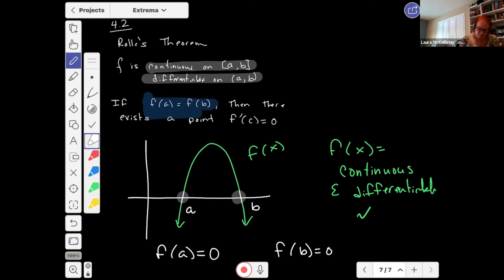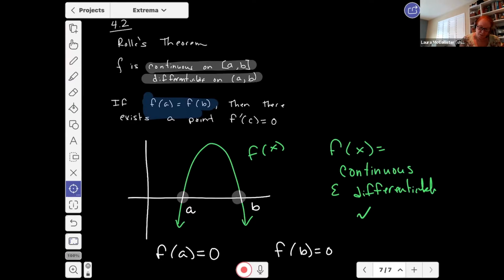So the zeros of the polynomial, now Rolle's theorem applies, and what Rolle's theorem says is that if I can find any 2 points where f of A is equal to f of B, then there exists a point where the first derivative is equal to 0.